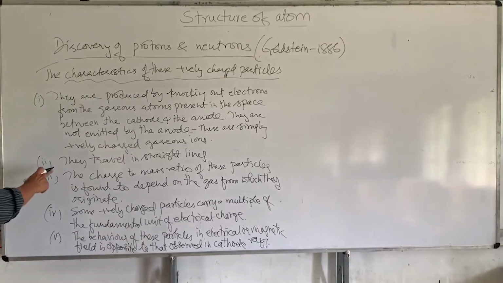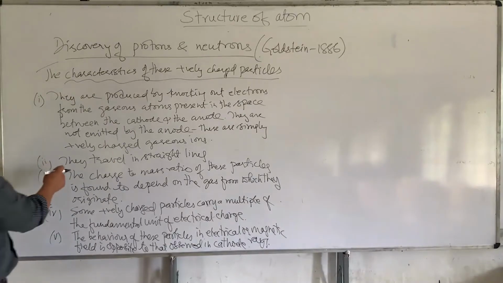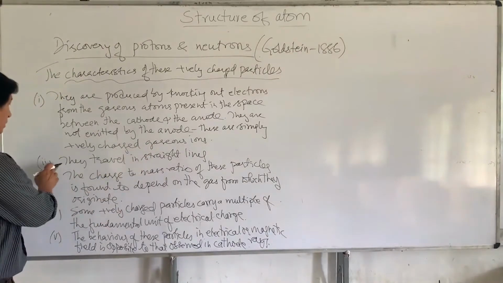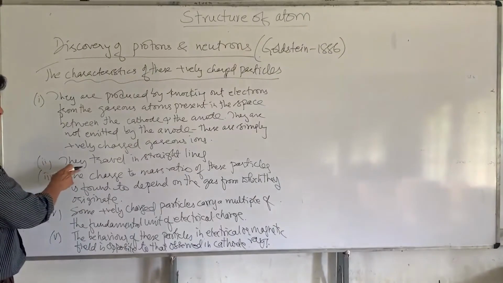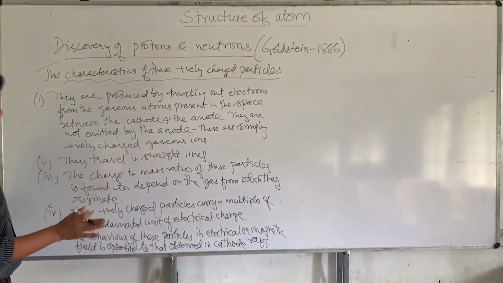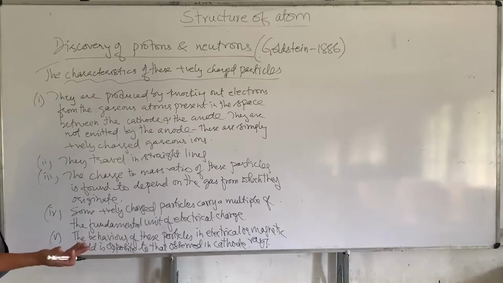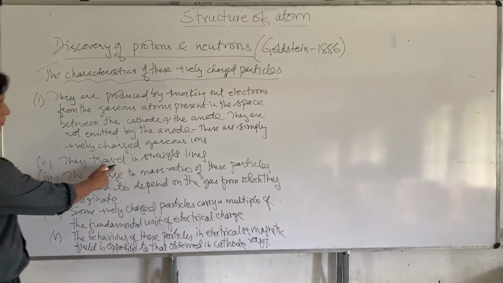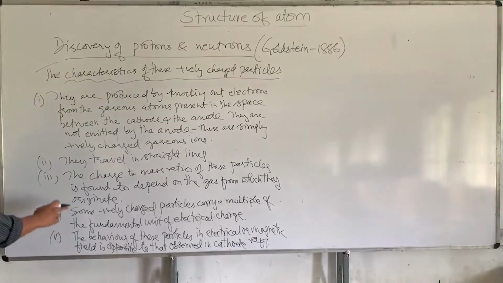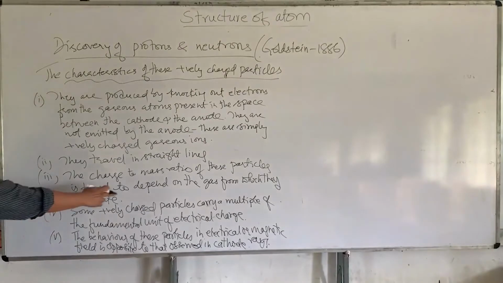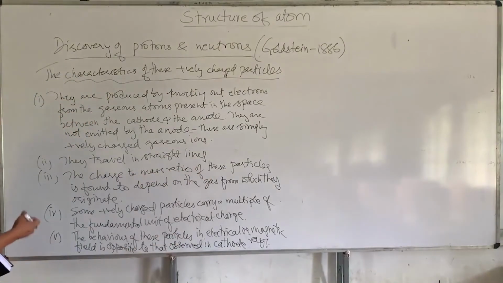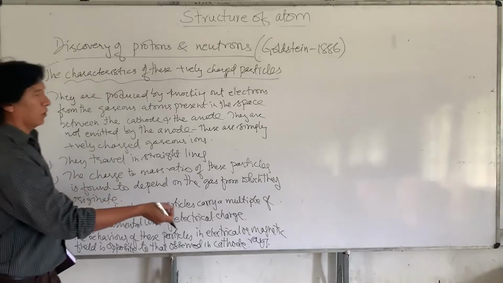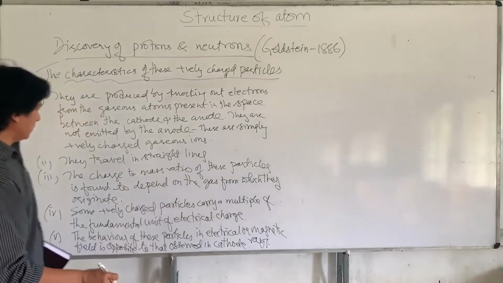Then it is said that these positively charged particles, or anode rays or canal rays, are nothing but protons, in the sense that in the case of hydrogen, it is the proton. They travel in straight lines. And the charge to mass ratio of these particles is found to depend on the gas from which they originate. It is not the same for different gases, that's one thing.